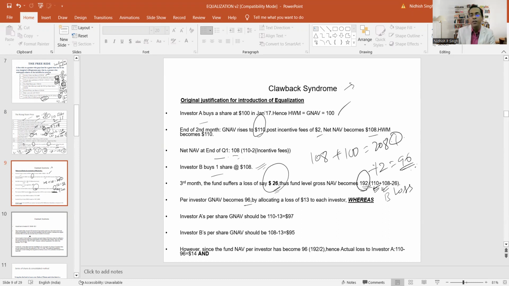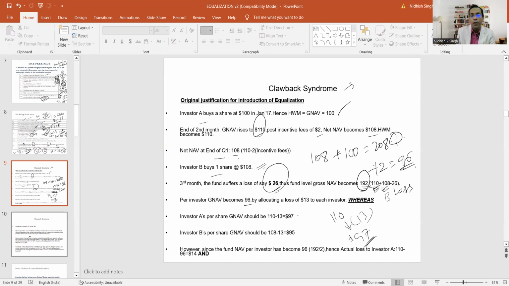Now, the interesting point is how much loss each investor is going to accrue. Let's see. Investor A's reduction in this quarter will be from 110 to minus 13, that will be 97, because investor A had a NAV of 110 at the start of the quarter, right?